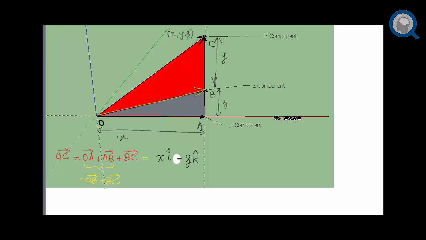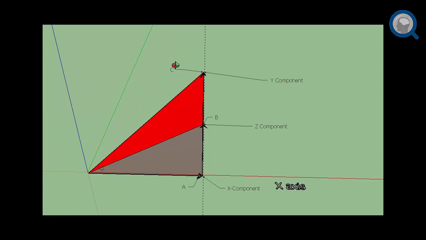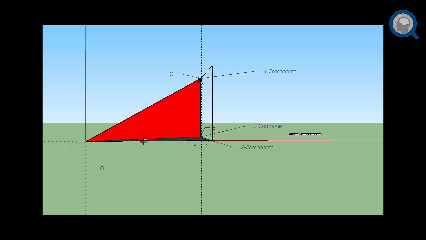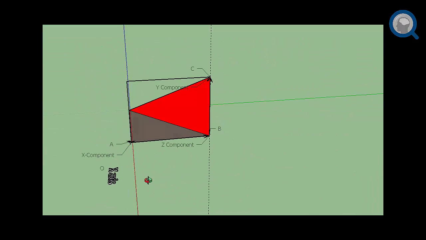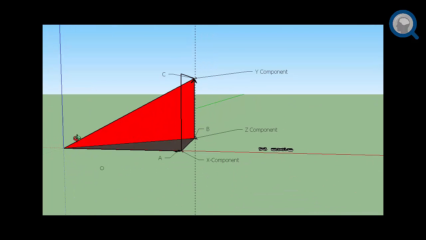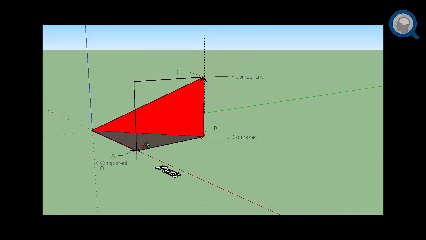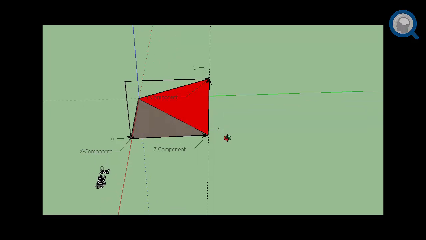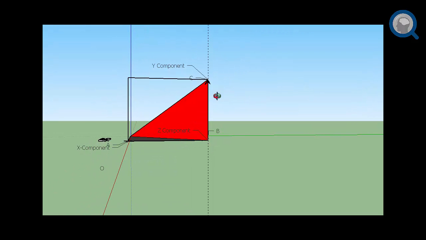The BC vector directly points upwards, as we can see in this figure as well. OA is along our x-axis, then AB is along our minus z-axis. The front is positive z and the backward is minus z, so it points in this direction, so it is minus k. And BC points in the plus y direction. This line is parallel to the y-axis.